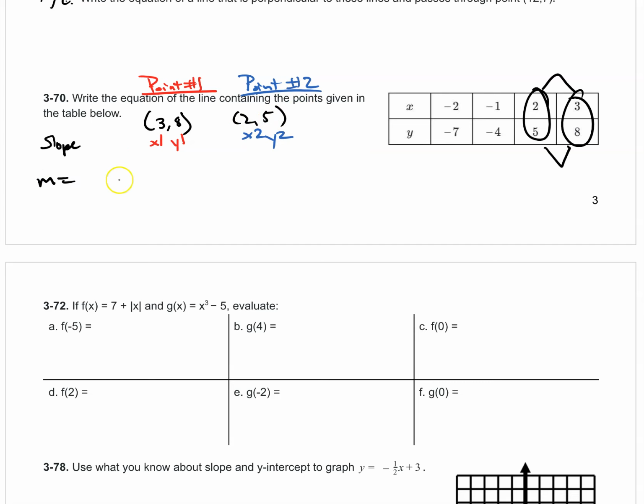So the slope m equals y2 minus y1 over x2 minus x1. This is 5 minus 8 over 2 minus 3. -3 over -1. A negative divided by negative is a positive, and 3 divided by 1 is 3.